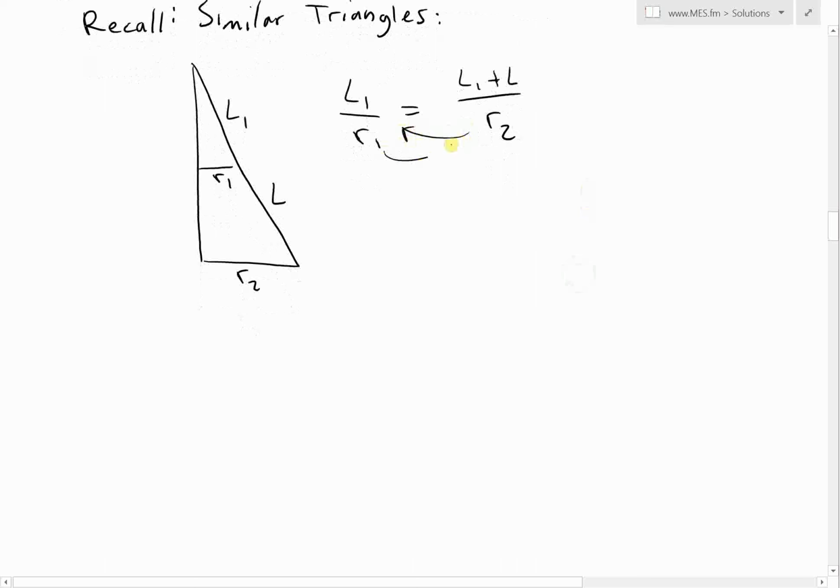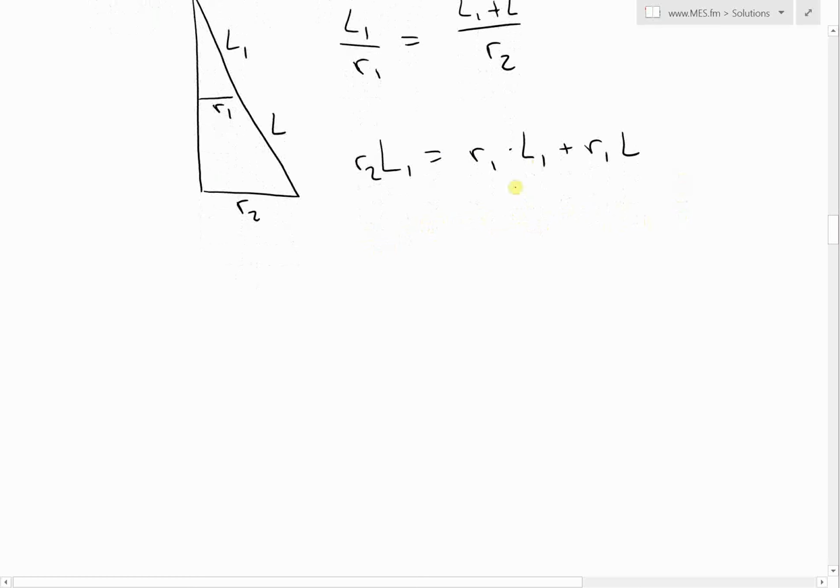So if we simplify this, multiplying this out on the left and right side, we get L1 times R2 equals R1 times L1 plus R1 times L. And now what we're going to do is move this over here and then factor out the L1.